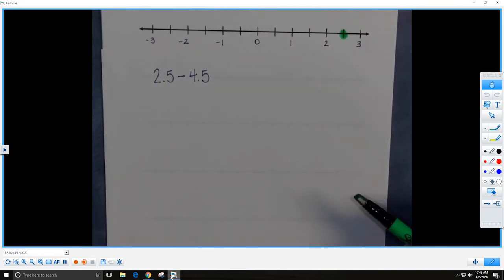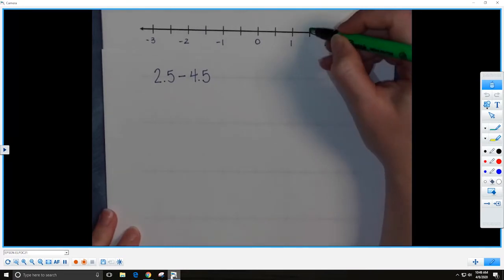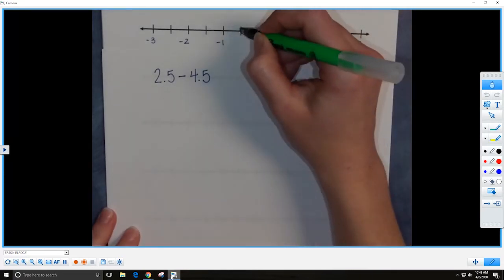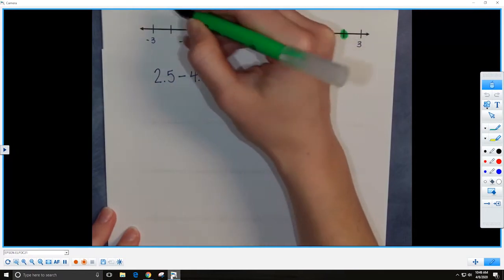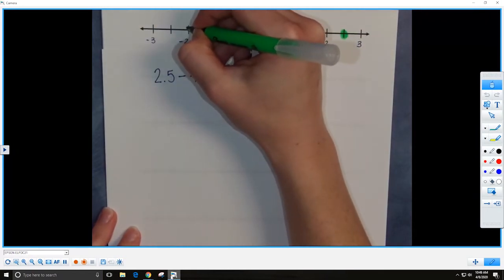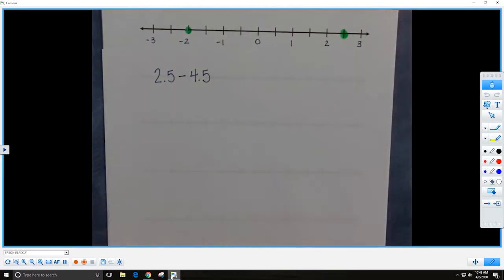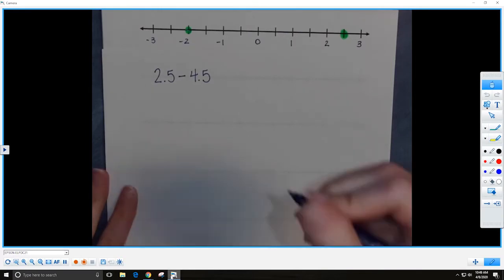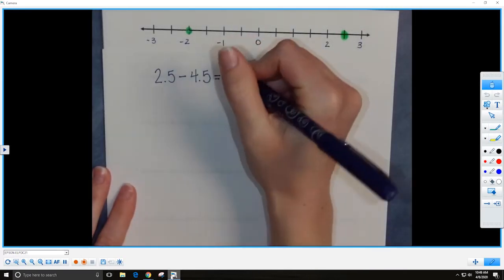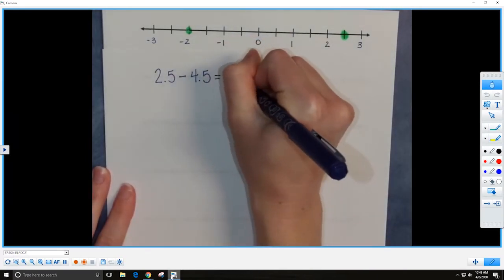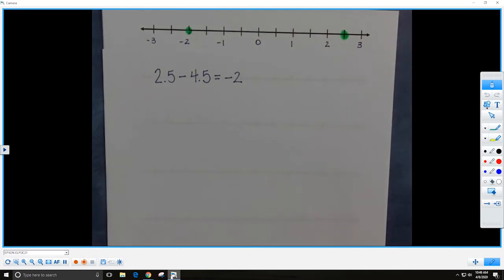We are moving 4 1/2 spaces to the left. So 1, 2, 3, 4 1/2. Did you land at -2? Great job. So 2 5/10 minus 4 5/10 equals -2. And we just saw on a number line how subtracting means that we will move to the left.